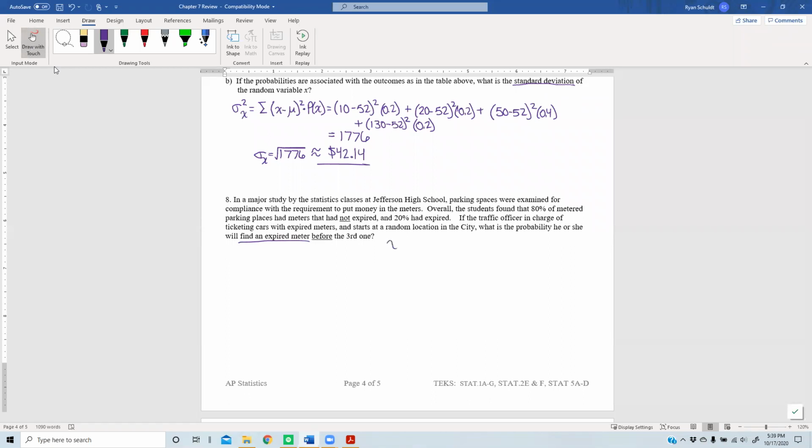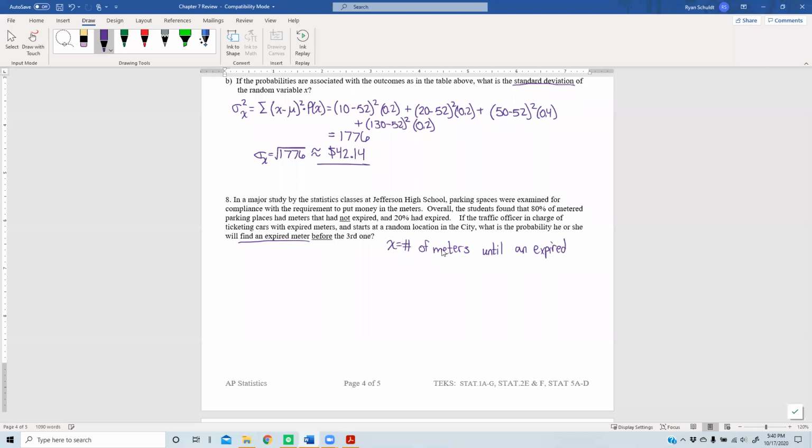We want to find an expired meter. So what that means is that X equals the number of meters until an expired.